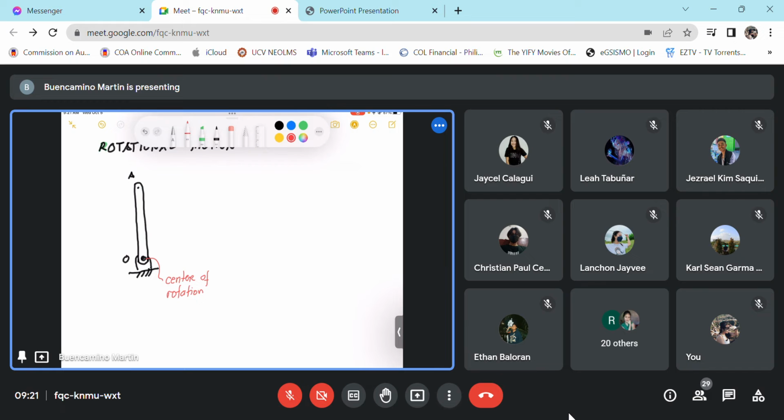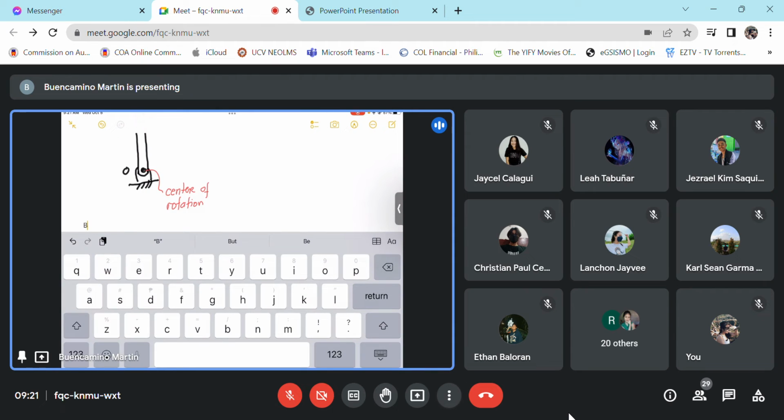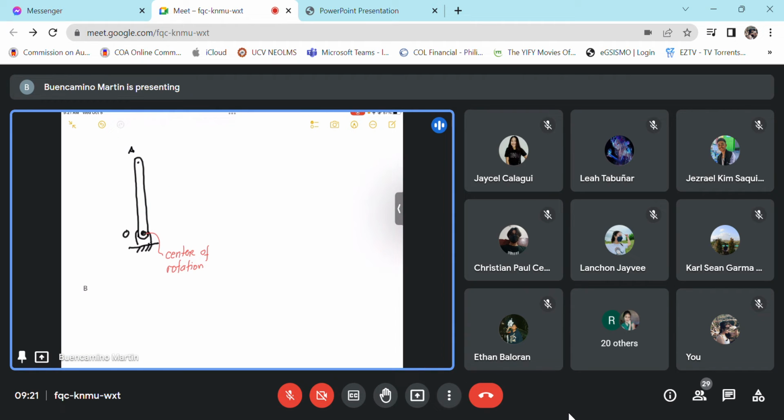Okay. Now, let us consider a point on this link, say point A, and let us observe its motion when it moves about point O. And so, of course, class, just like in a mechanical compass or drawing compass, this point A will describe a circular path, or it may be an arc if it will have a partial rotation.